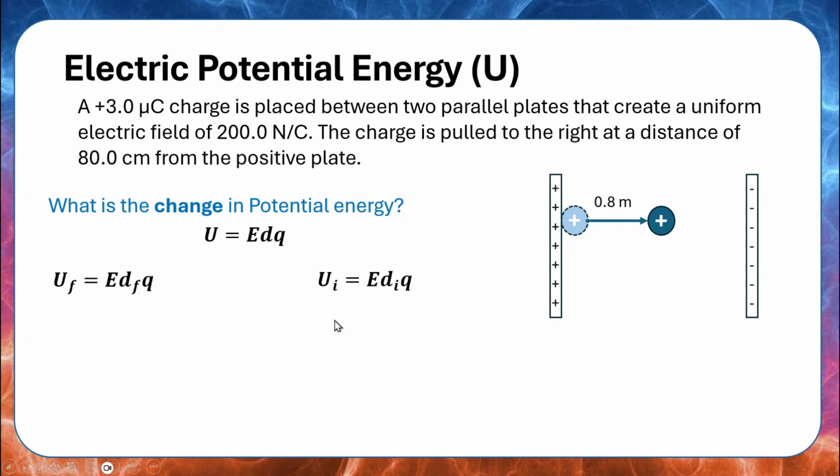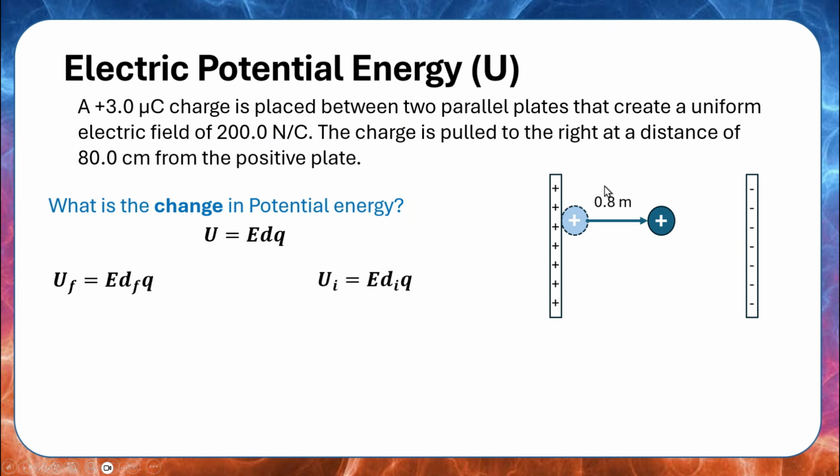Now, if the distance between the two plates is not given, and you are not certain of the distance of this first position to the natural tendency, which is the zero, remember, we're not measuring the distance from the positive plate. We're measuring the distance of the two of them from the zero, which is the negative plate, because this is its natural tendency.